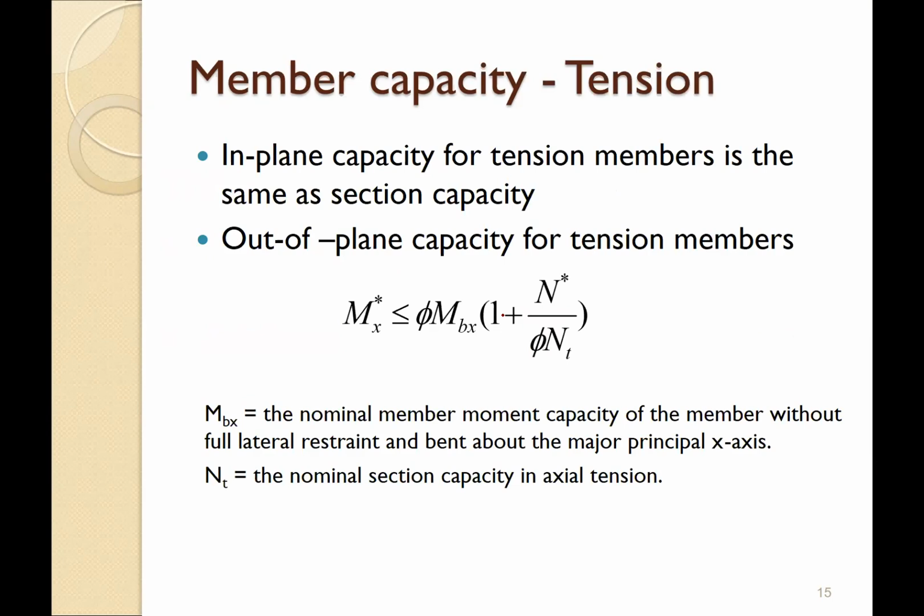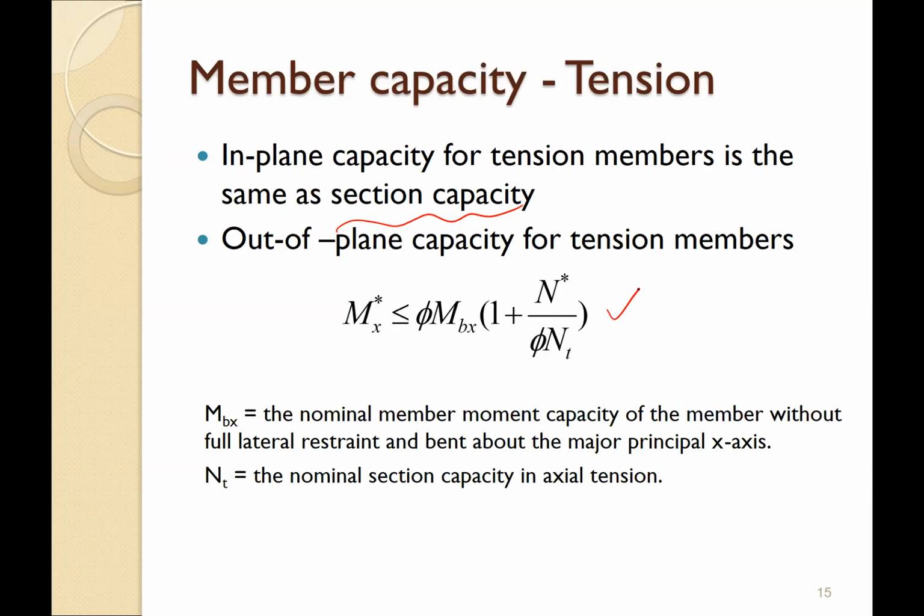Now the member capacity in tension: the in-plane capacity for tension members is the same as the section capacity. Important statement, in-plane capacity for tension members is the same as the section capacity. Correct? So that is understood. Now out-of-plane capacity for tension members will be given by this. Let's think in that way.